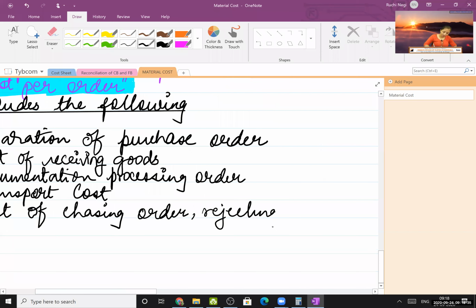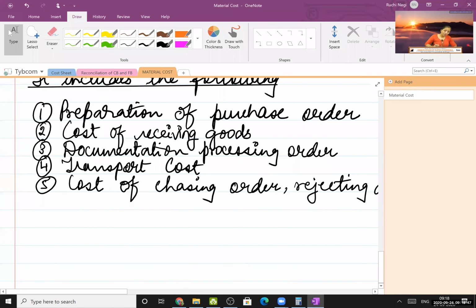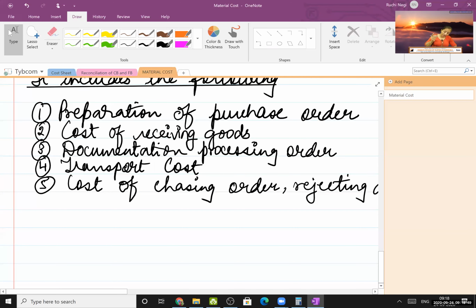So rejecting the order, rejecting defective orders, that is defective goods. Okay, तो ये सब जब आप raw material मंगाते हो, when you place an order, all this cost is associated with that.